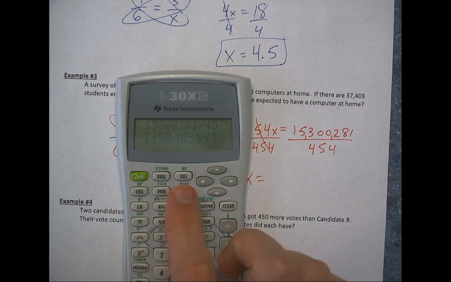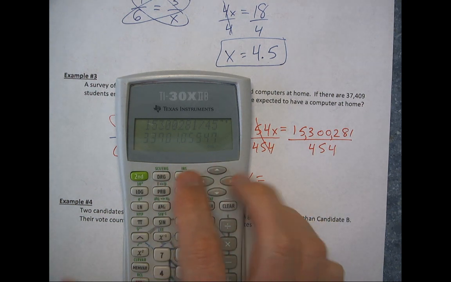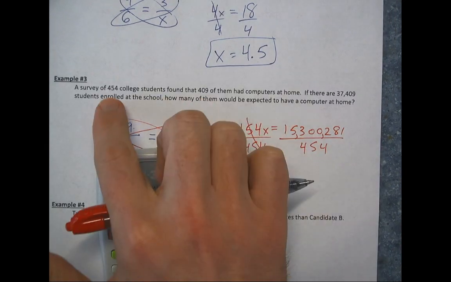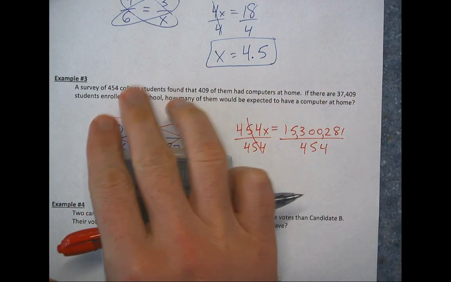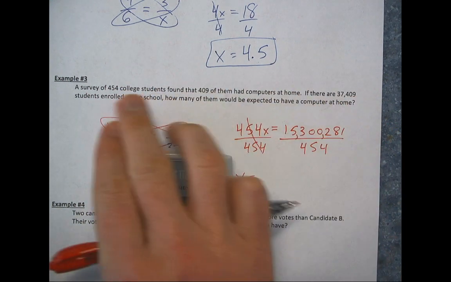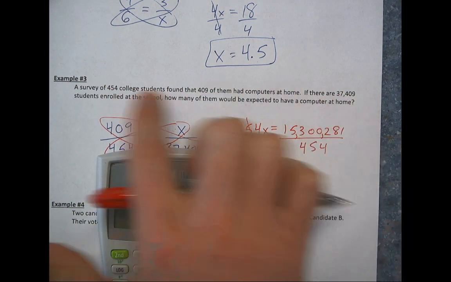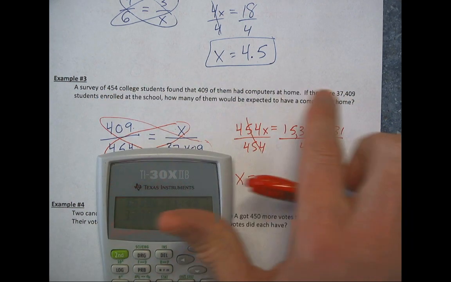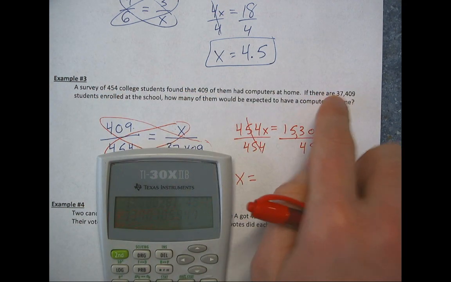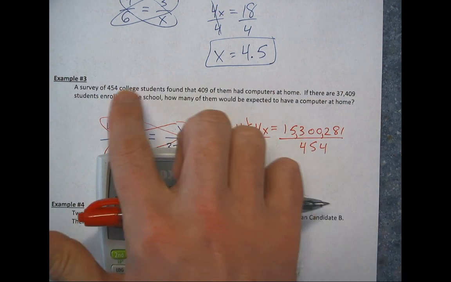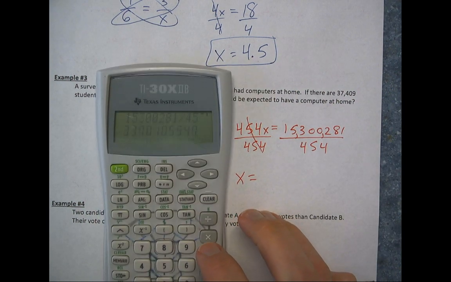Now you'll see this is not a perfect number, right? Rarely are these going to be perfect numbers unless the 454 fits perfectly into this number and you're expanding it by a product of, say, 5 times or 6 times. If it's exactly 10 times the number, then we're going to get a nice one. But if it's not, which in real life it hardly ever is, exactly 5 times this or 20 times this, it's going to be a decimal times this, then when we kind of project out, we're going to get something that's not exactly perfect.